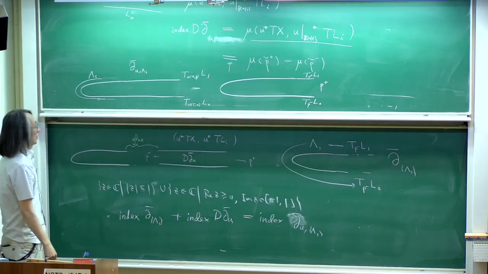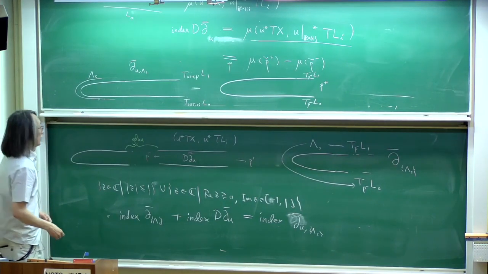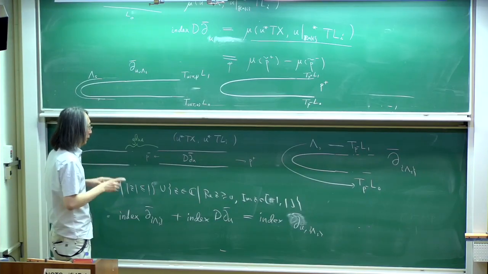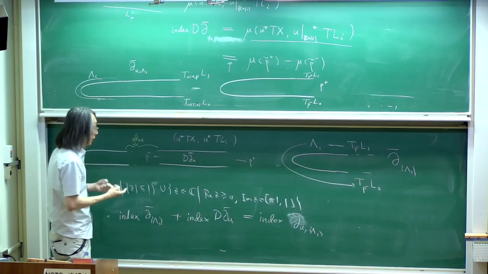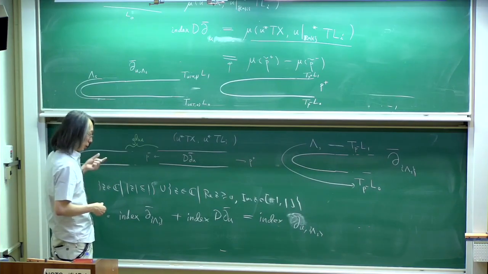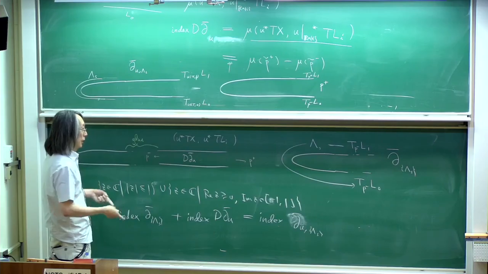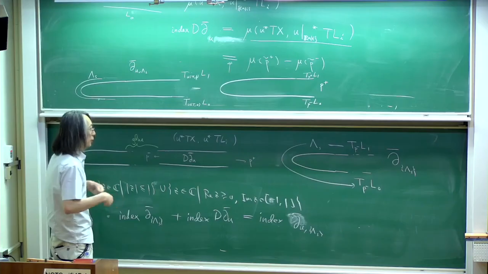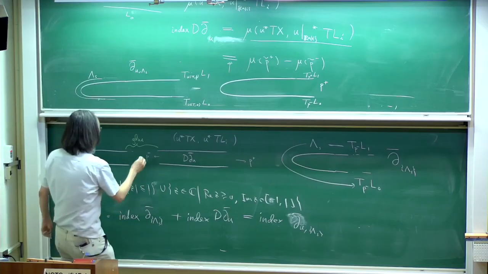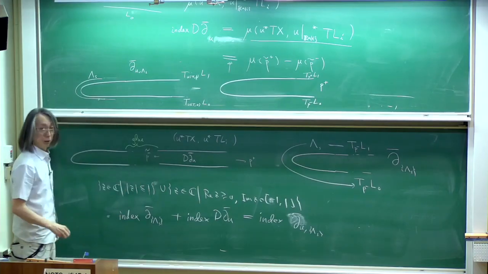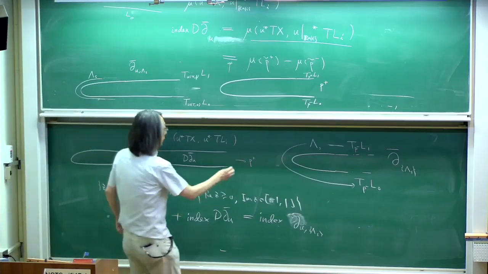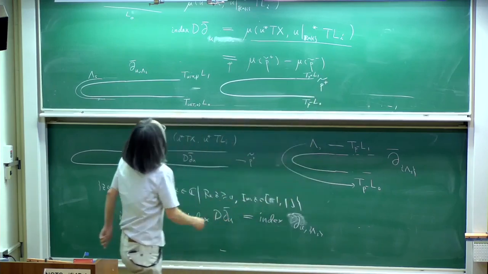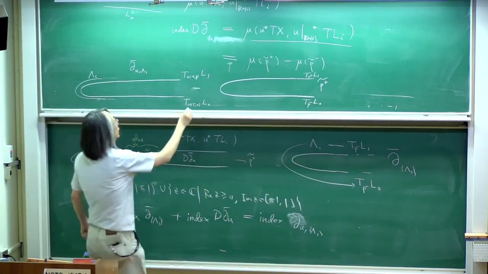And maybe I have to say a bit more, but for the action, I take some covering, and then I denote p tilde plus or p tilde minus. And here, I'm talking about index, and our covering space also takes care of the ambiguity of the index. So therefore, maybe I can take p tilde minus here, and then p tilde plus here, and then this is p plus here, like this, right?